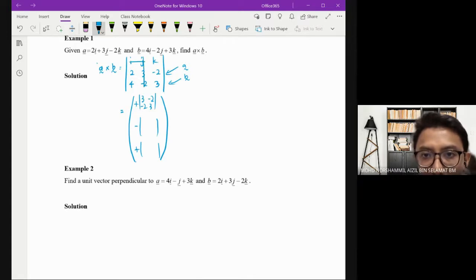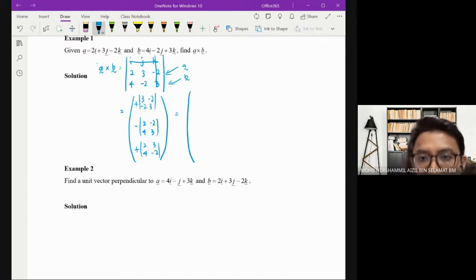Eliminate the row and column for part j. So we use 2, minus 2, 4, 3. And then the last one, eliminate the row and column involving k. So leave us with 2, 3, 4, minus 2.